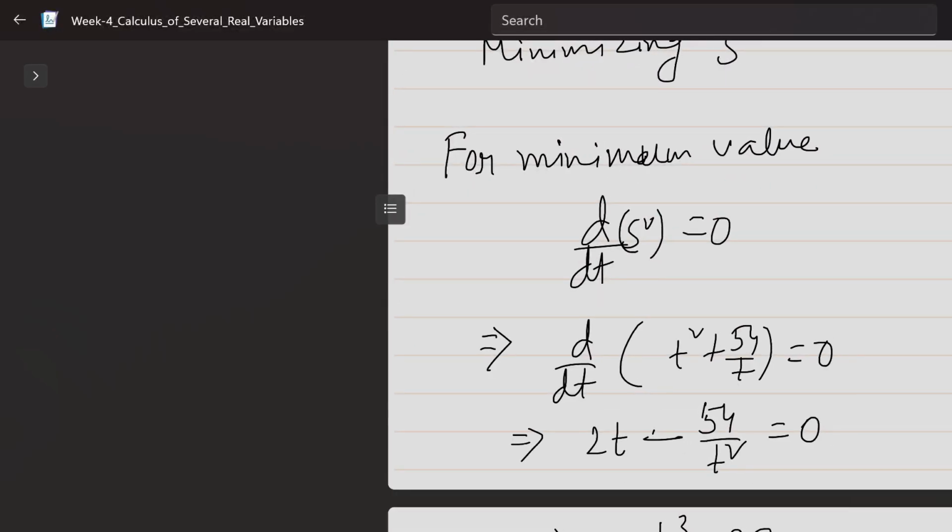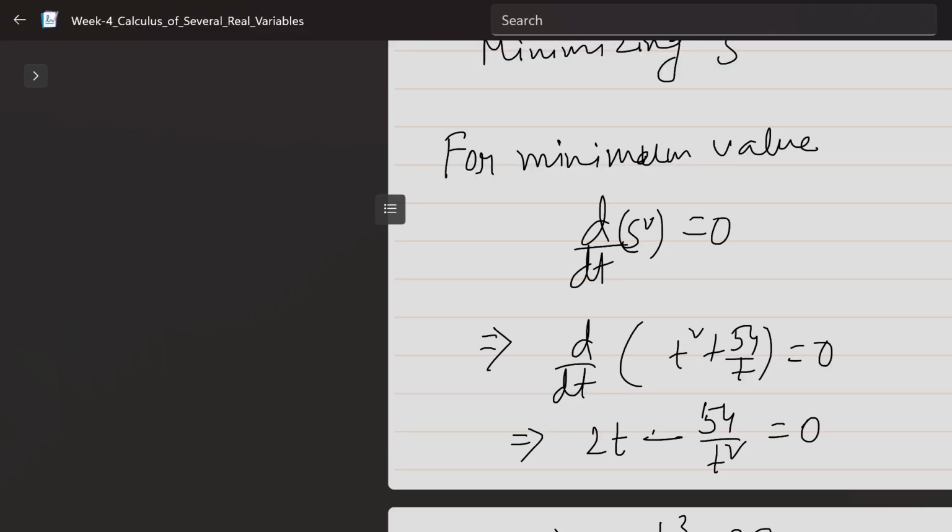So what is the point? The point is 3 comma, x is t and y is plus or minus root over 54 by 3. So it is 3 comma plus or minus root over 18.